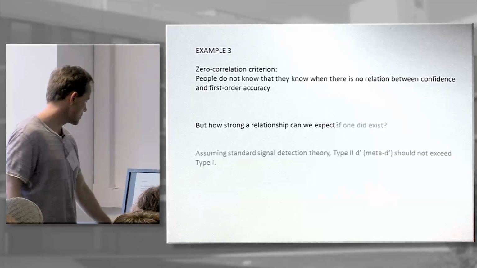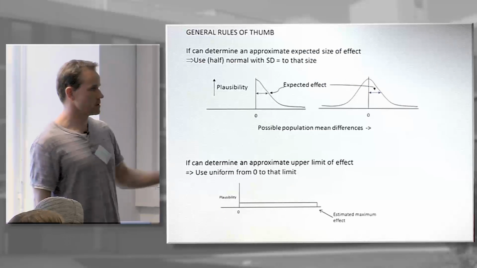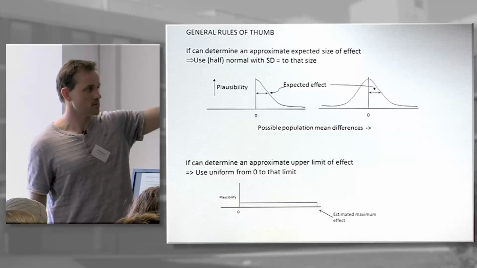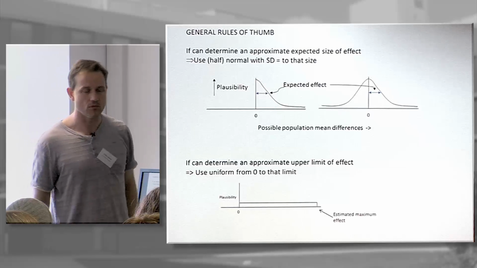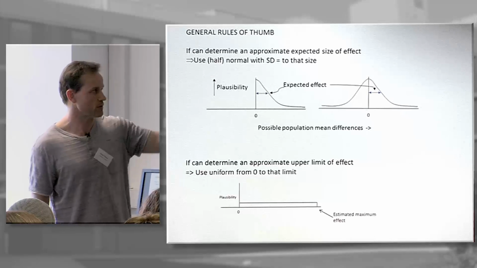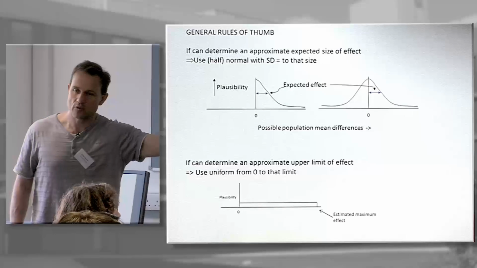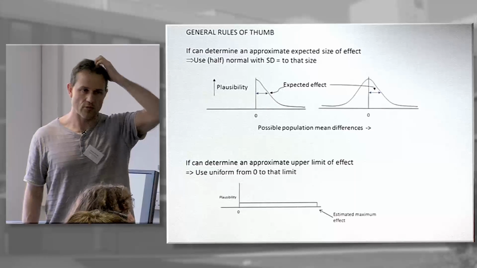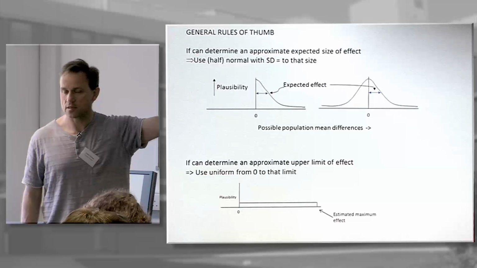So I had another example, but I'll just skip over that. And so my general rules are these. If you can determine an approximate size of an effect that you think is roughly expected, I'd either use a half normal if my theory makes a directional prediction, or a full normal if the theory allows effects to go in both directions, and set the standard deviation to the expected effect.